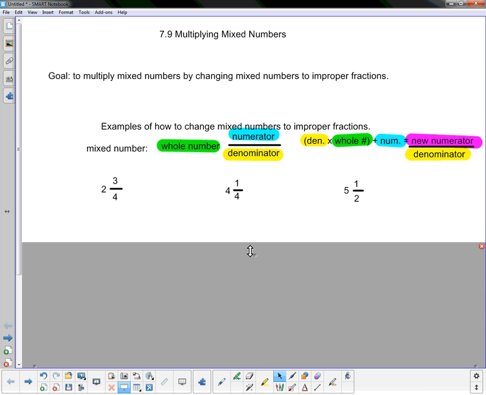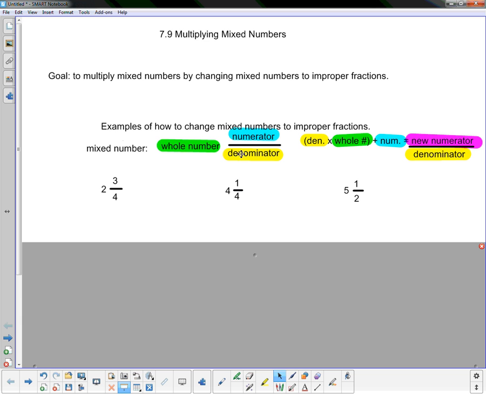We're going to practice changing these three mixed numbers into improper fractions. Normally you'll look at this and say that is the simplified fraction, exactly what I would like it to be. But when we are multiplying mixed numbers, it is a lot easier to do this step to solve your problem.